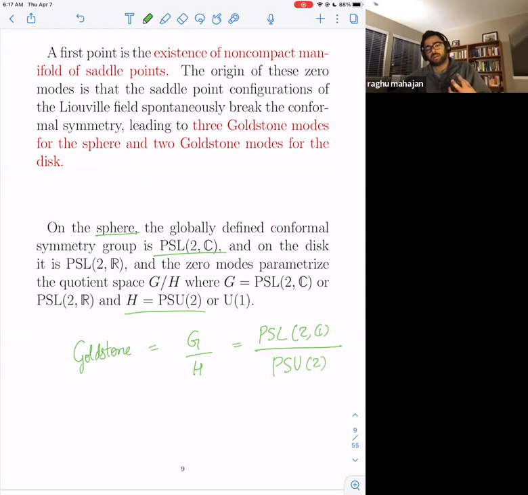The PSU2 volume is finite, so we can treat that separately. The point is that the integration over the saddle point manifold cancels the volume of this coset. The volume of H is just finite.